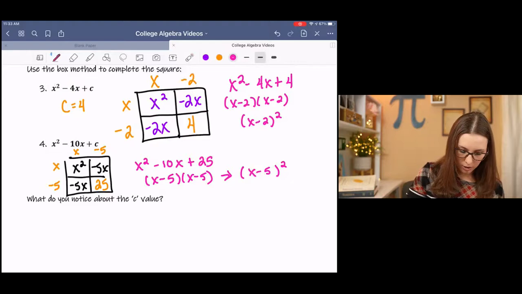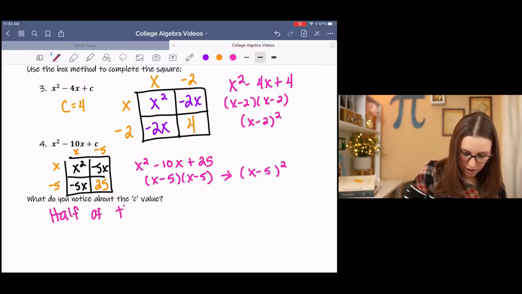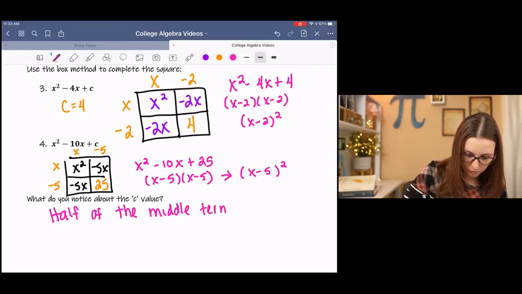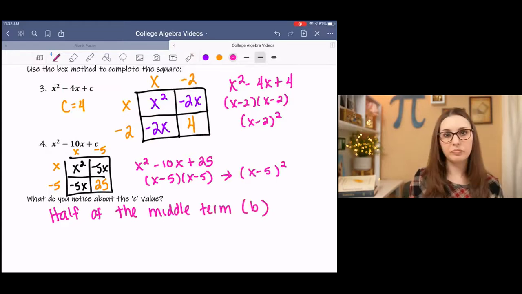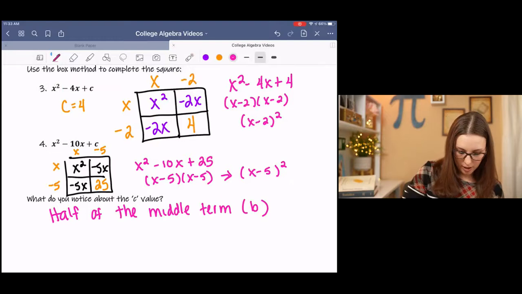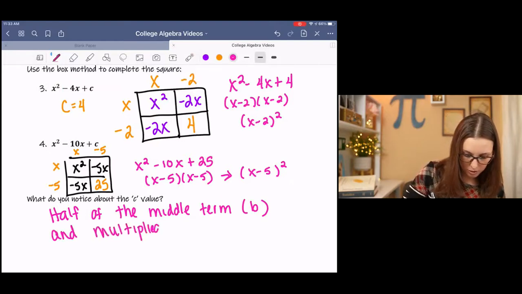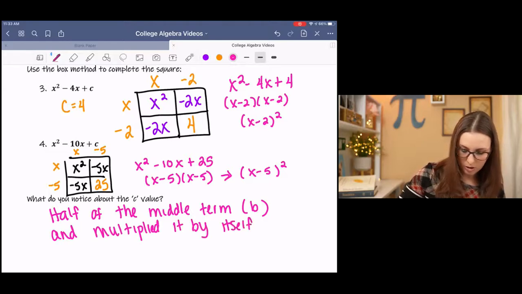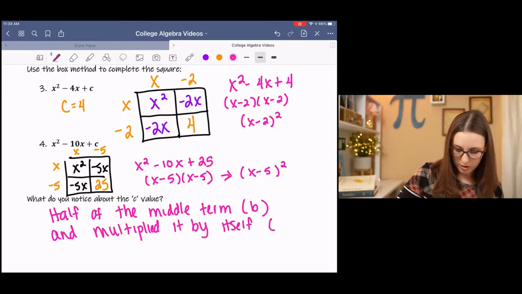So we took half of the middle term, which is b, and multiplied it by itself, which is squared.